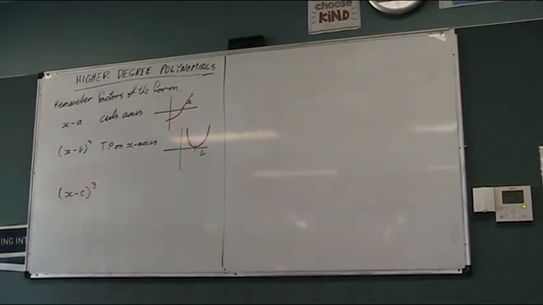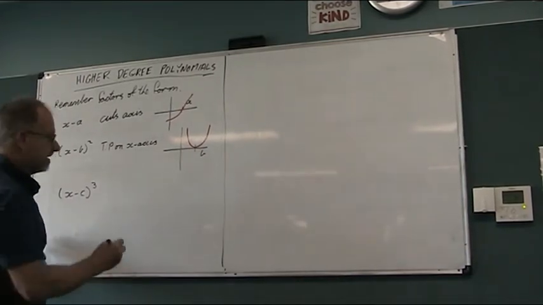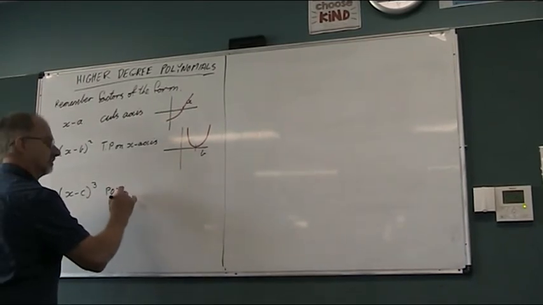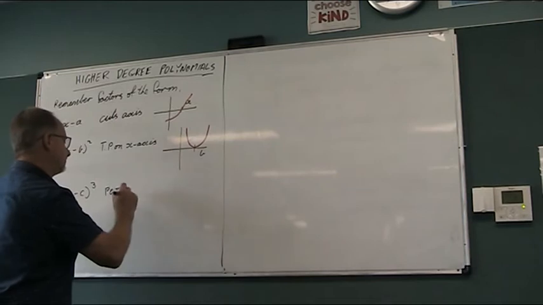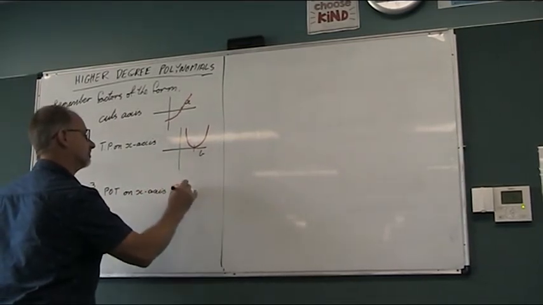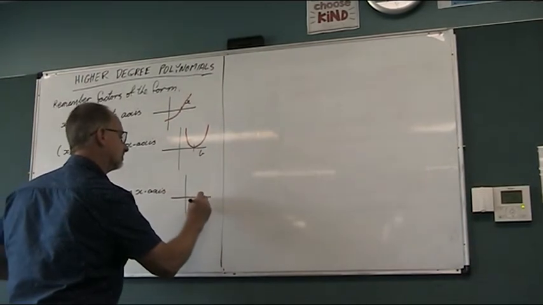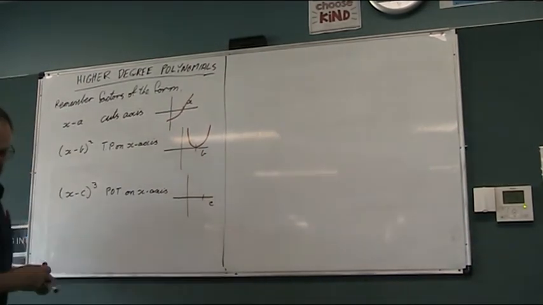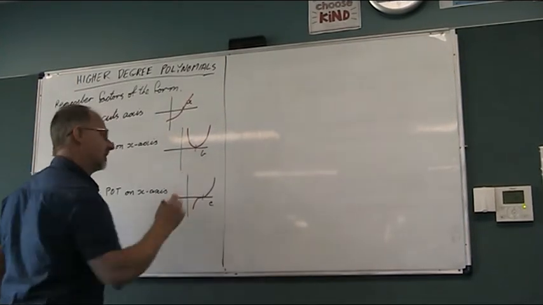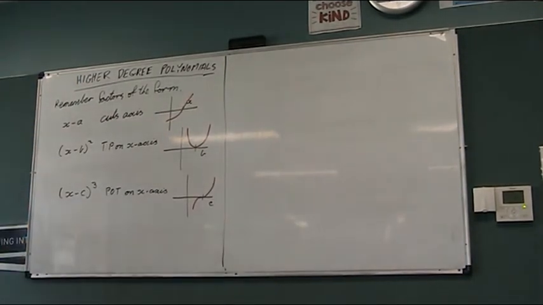It's going to go like that, so yes, it's going to have a point of inflection, POI. It's going to go like that through the axis.